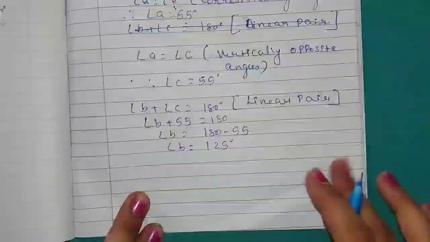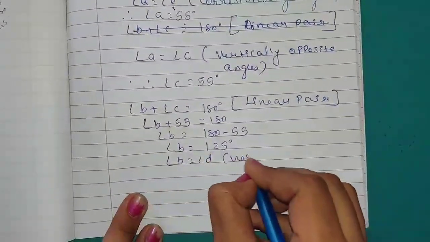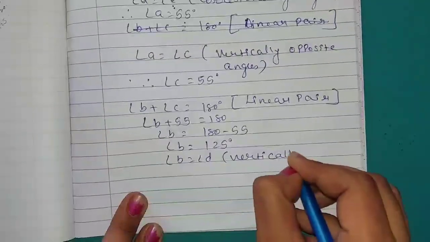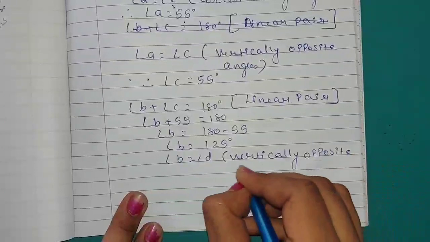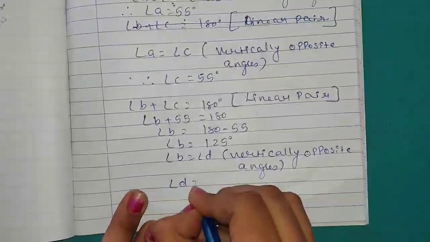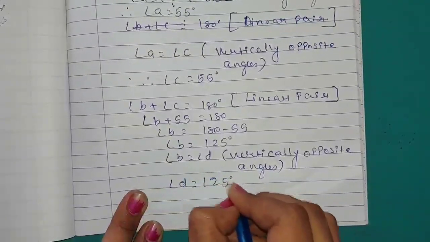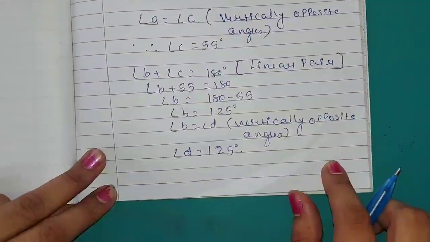Now students, we can also take angle B equals angle D. Again, which property does it follow? Vertically opposite angles. So angle D also equals 125 degrees. So what have we found, students?